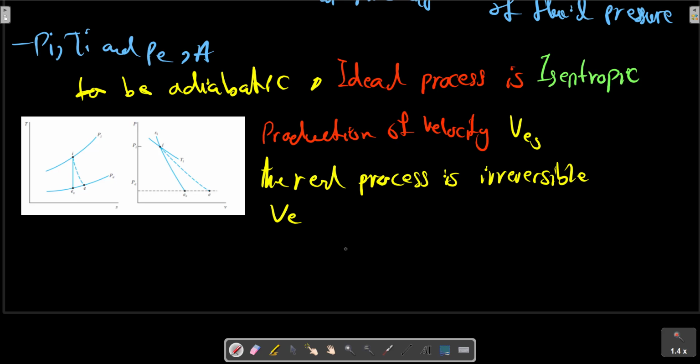This defines the efficiency of the nozzle. Nozzles are simple devices with no moving parts. As a result, the nozzle efficiency may be very high, typically in the range shown.